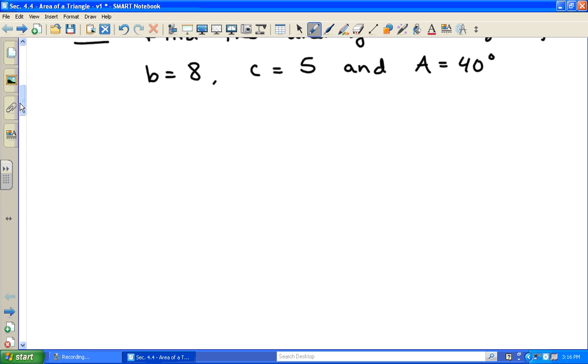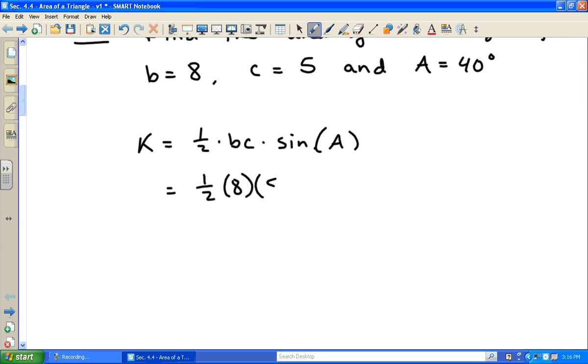Okay, so what we'll say is K equals 1/2 times b c times sine of A is the formula we want to use. So we'll have 1/2 times 8 times 5 times the sine of 40 degrees. And we simply just type that in our calculator and see what we get.